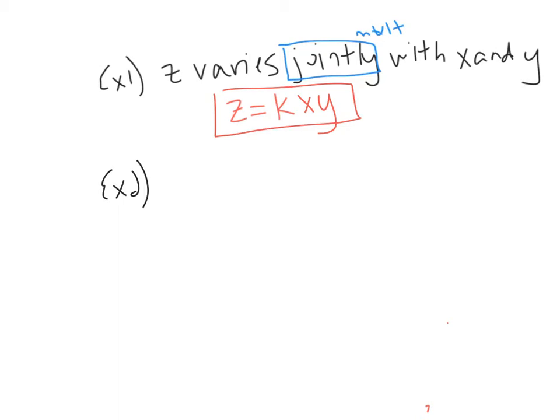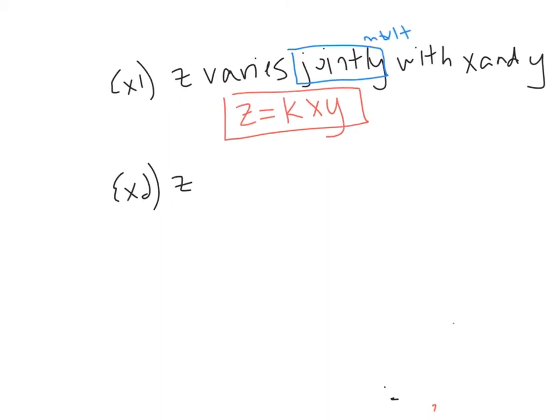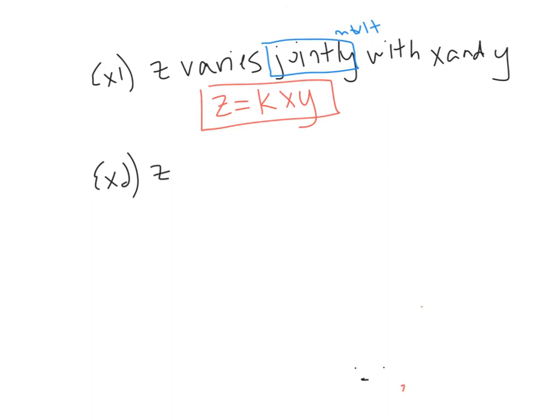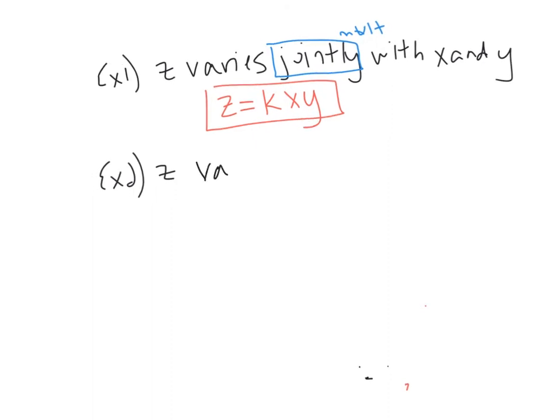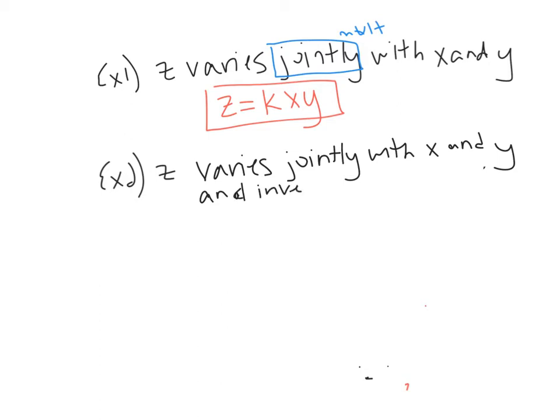So let's try another one. What if we have z varies jointly with x and y, and inversely with w?